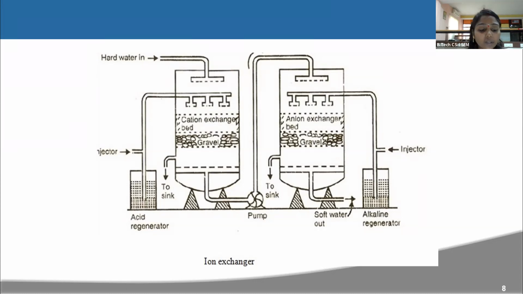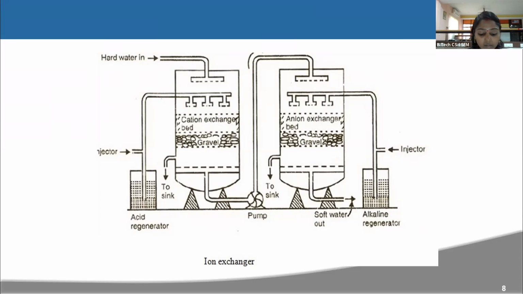When this raw water is passed through the cation exchange resin, the H plus ions present in the resin get exchanged with the calcium and sodium present in the water. Now the water coming out of this column is free from cations. When this water is passed through the anion exchange column, the OH minus ions present in the anion exchange resin get exchanged with the sulfate and chloride ions present in the water.